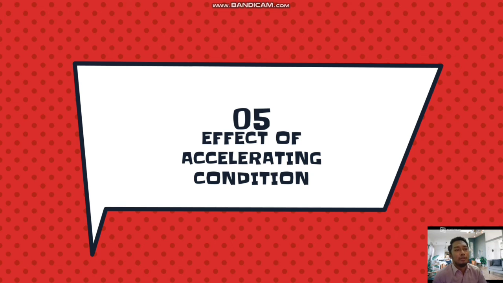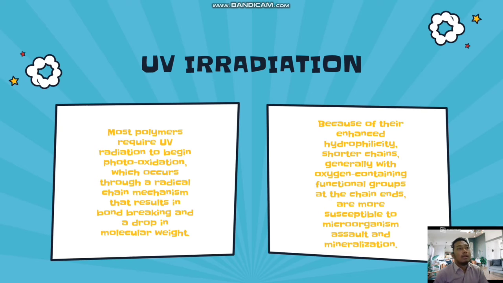Next, we go to the effect of accelerating condition. We have UV irradiation. Most polymers require UV radiation to begin photooxidation, which occurs through a radical chain mechanism that results in bond breaking and a drop in molecular weight.